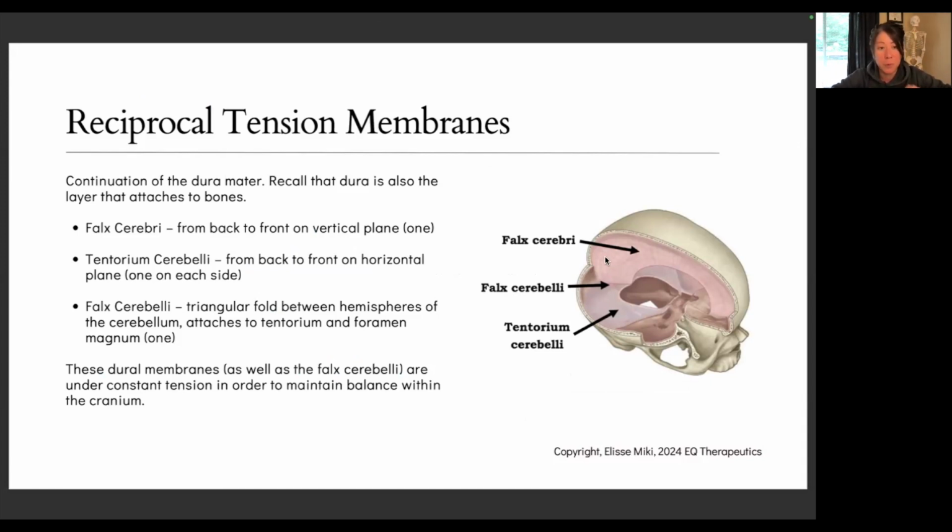There's the falx cerebri, and this is our sort of mohawk membrane. So I love this picture because we can see not only does it show how it's lining and forming part of that periosteum, so the inside of the skull, but it has this origin site at the ethmoid bone.